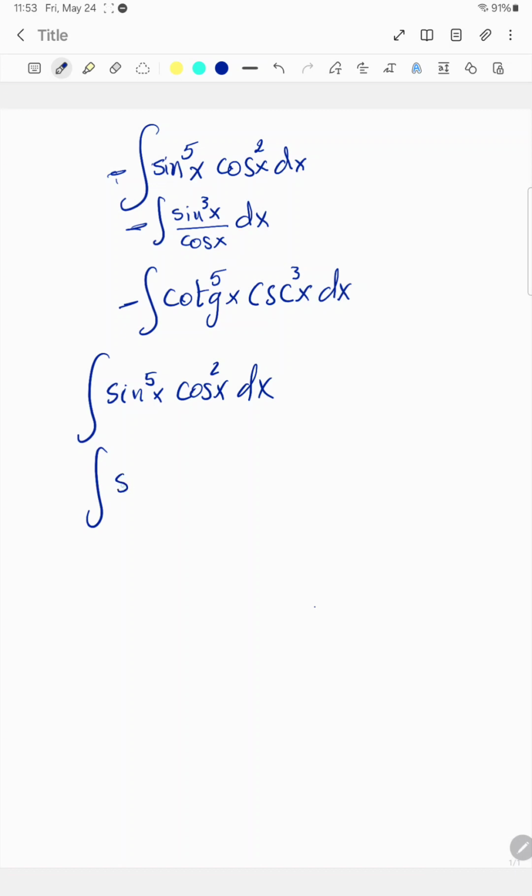So I can rewrite it as sine square x squared times cosine square x. So this will give me sine to the power of 4x. So I'm still missing a sine x dx. Now, before doing that, I know that there is a trigonometric identity: sine square of x plus cosine square of x equals 1.